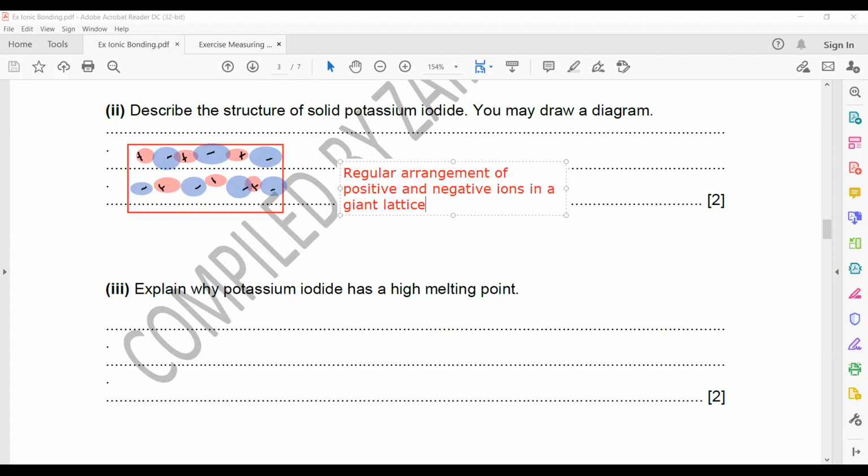That's why we use it. So what is the distribution of the marks? If you use the term lattice or the term regular arrangement, you will get 1 mark. And the second mark is for mentioning that in the lattice we have both positive and negative ions.